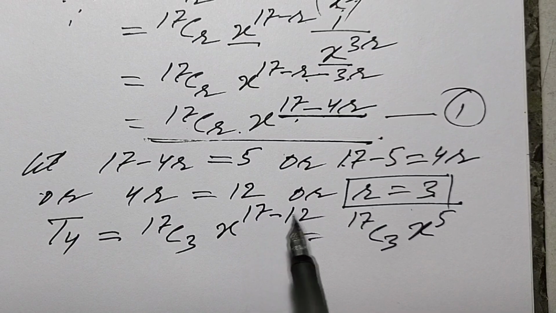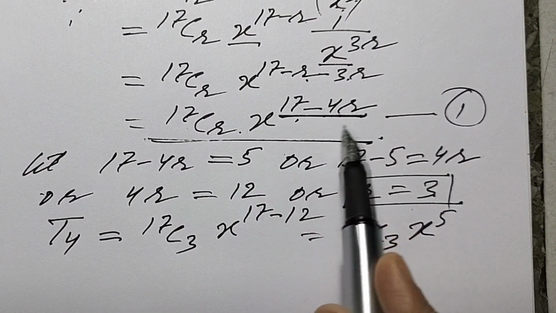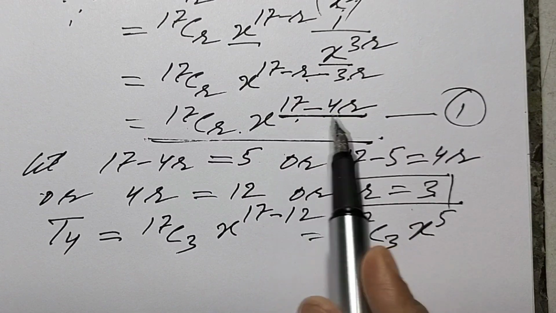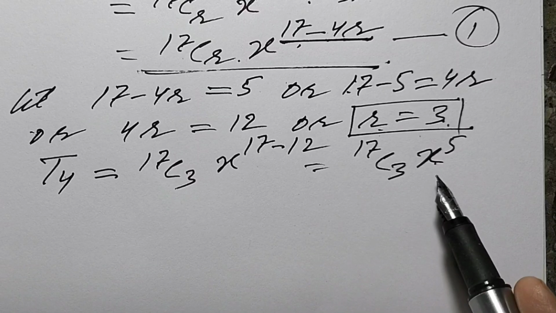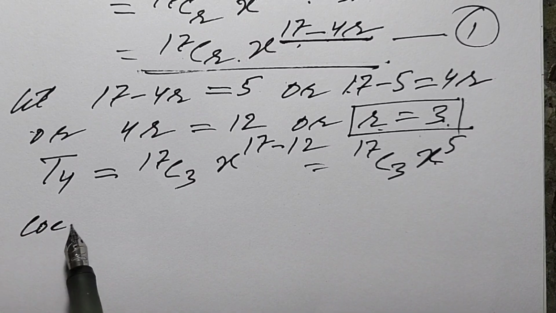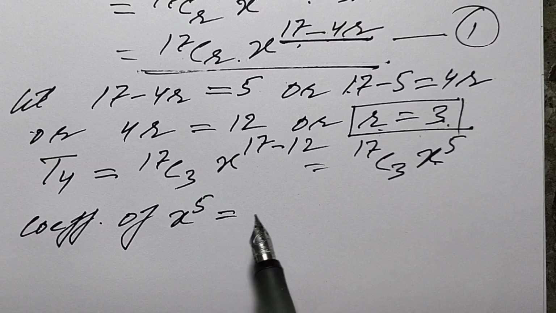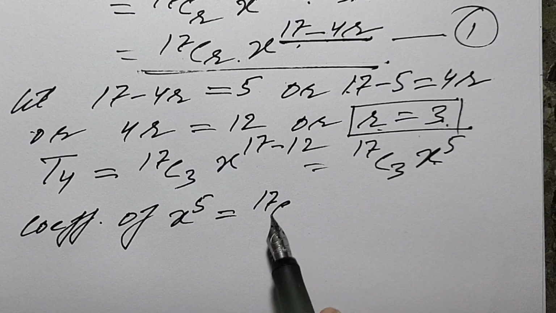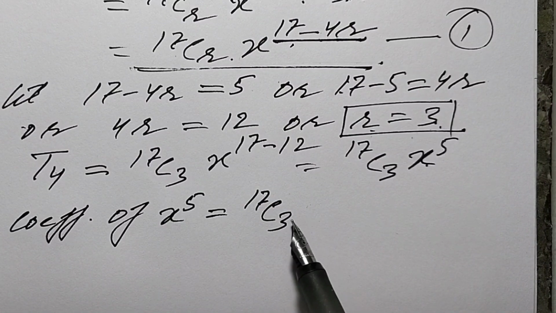You may also write directly x raised to the power 5, because automatically it will be 5, because we have compared this expression to 5. We have taken this expression equal to 5, so the coefficient of x raised to the power 5 in the given expansion will be 17C3. Coefficient of x raised to the power 5 is equal to 17C3. We will also simplify 17C3, or we may leave our answer over here.